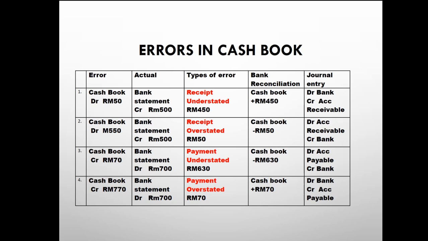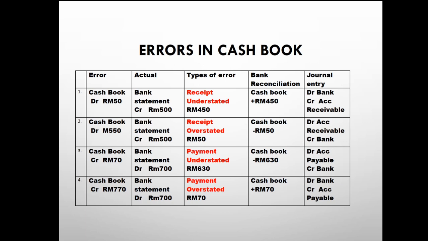Number 1, the actual amount in the bank statement is 500, but the cash book is debited with RM50. So the bank wrote the correct amount, but there is an error in the cash book, understated by 450. So we have to reconcile the cash book by adding 450.